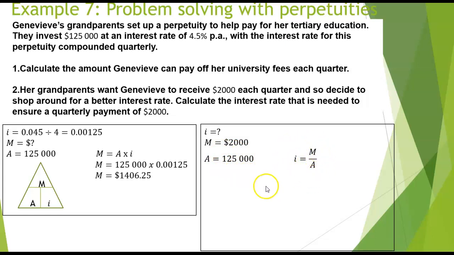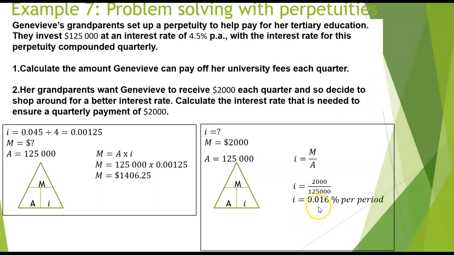We need to find I this time, so if we put our hand over I, that leaves M divided by A. Alright, so our M is 2,000, our A is 125,000, which gives me 0.016 per period.